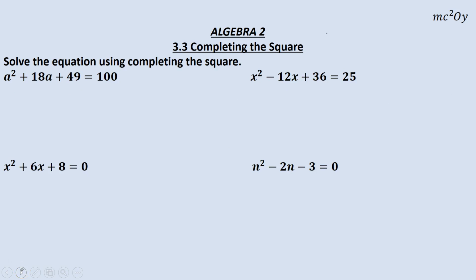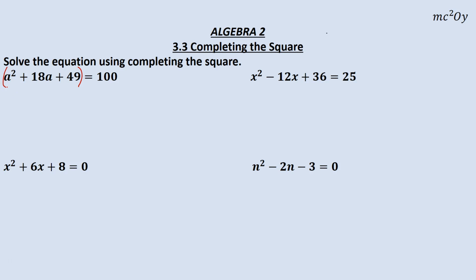So let's look at this. If I can quickly test to see if something's a perfect square, I might be able to solve it. So if I want to solve this equation right here, there's a couple ways I could do it. In previous lessons we've learned to factor, we've learned to graph, but here we're going to practice completing the square. So I want to look at this problem and say, okay, if I take a squared plus 18a plus 49, first, is that a perfect square trinomial?